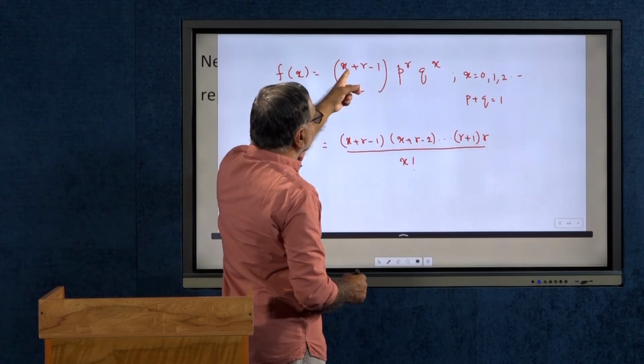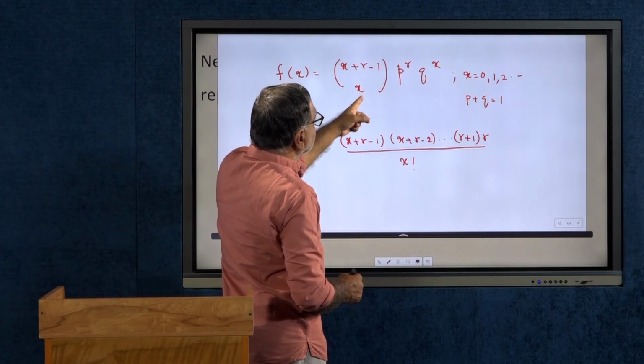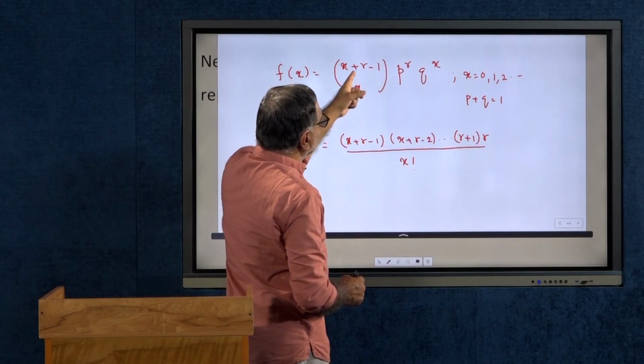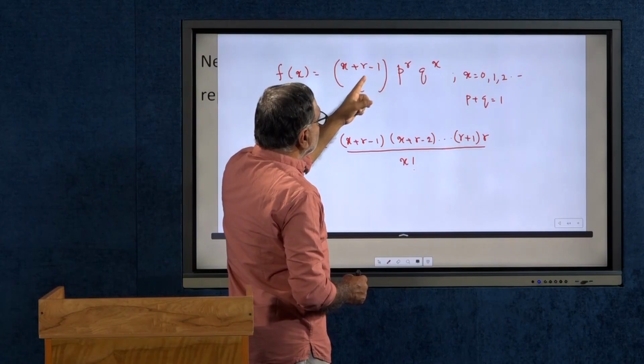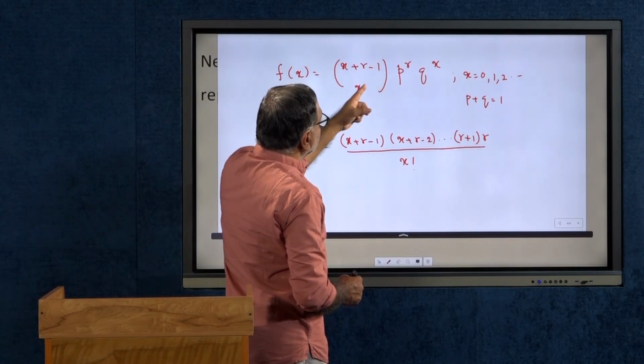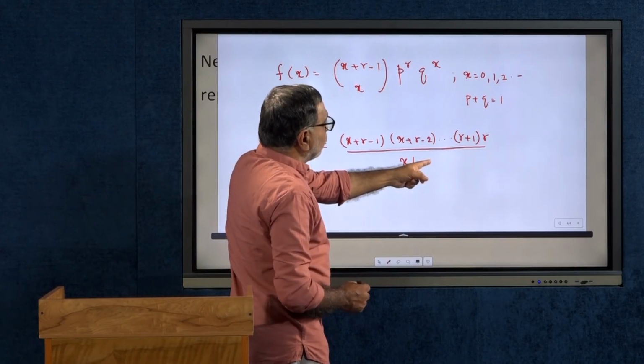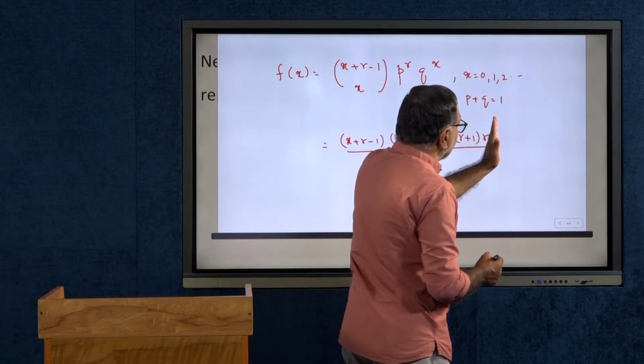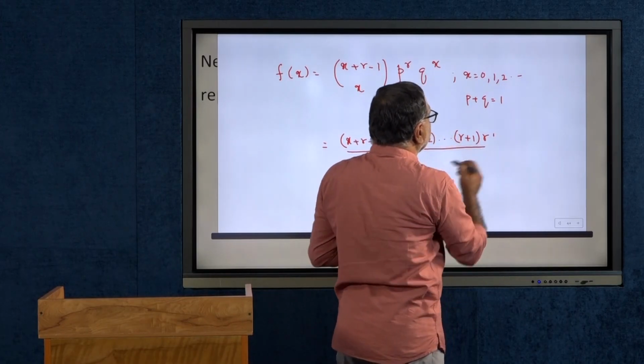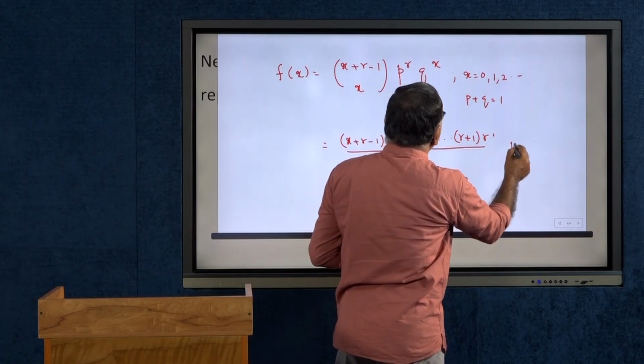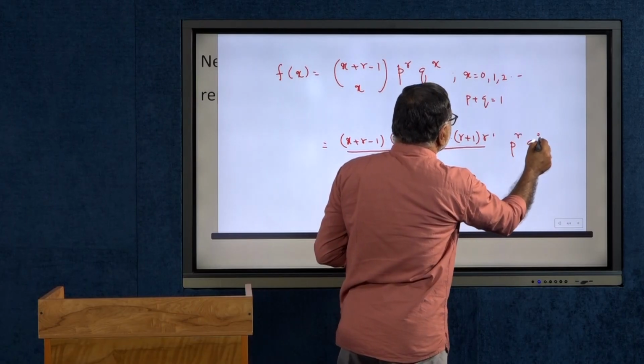Because when x plus r minus 1 C x is simplified, we have x plus r minus 1 factorial divided by x factorial into r minus 1 factorial. So the common factor r minus 1 factorial and the other factors will be cancelled, and then p power r q power x.